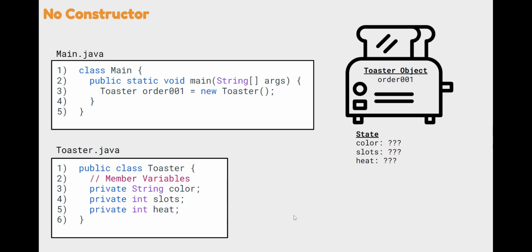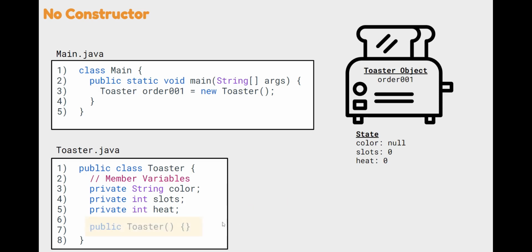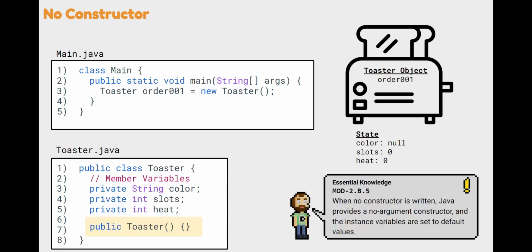The job of the constructor is to initialize those variables to their starting state. If for some reason you do not provide your class with a constructor, Java will provide a no argument constructor, and that no argument constructor will initialize the member variables to their default values.